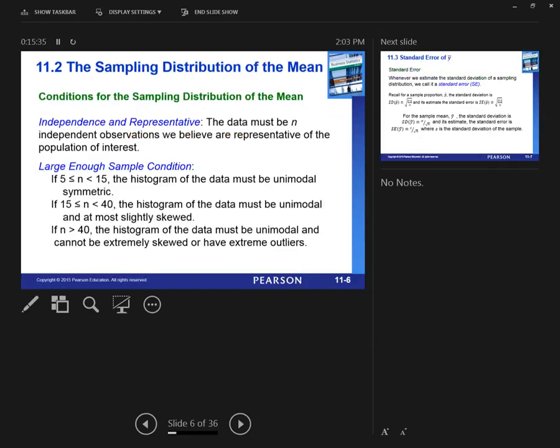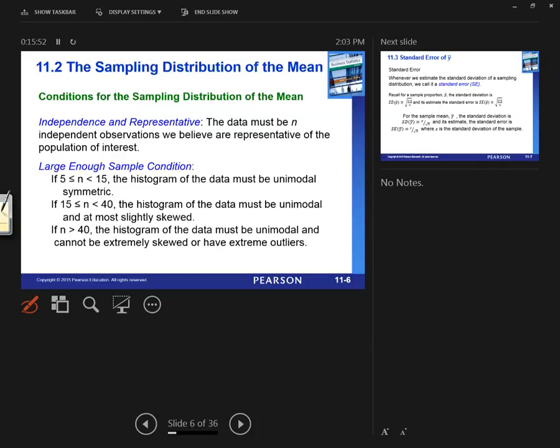Okay, and just recall what the conditions are. The conditions for normality of the sample mean have the same type of two conditions that we've studied before.